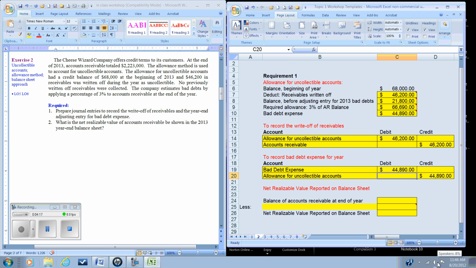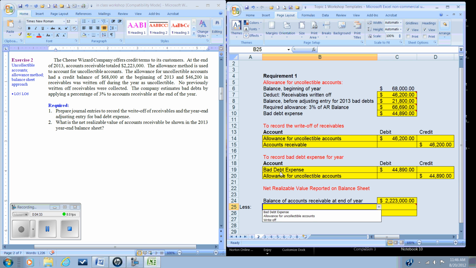What are we going to be reporting on the balance sheet? Well, we're going to report the balance of accounts receivable gross, $2,223,000, less, well, we're not going to use bad debt, we're not going to use the write-off. Instead, we're going to reduce the gross balance by the allowance for doubtful accounts.